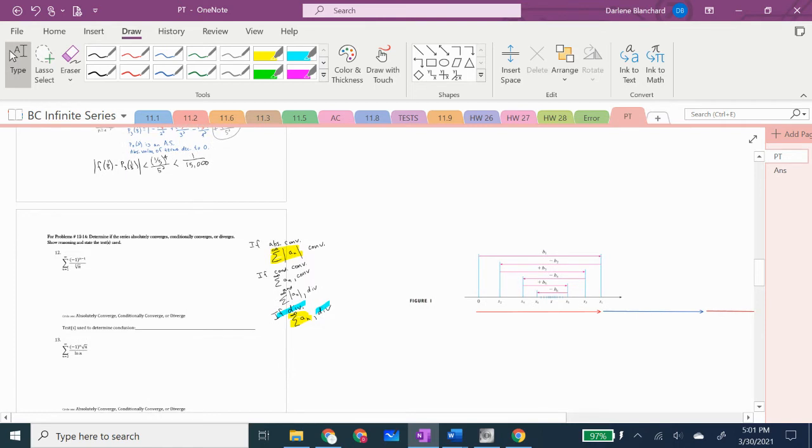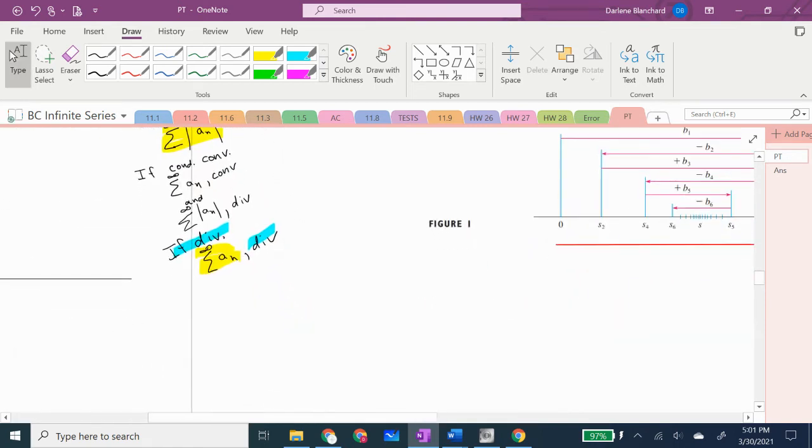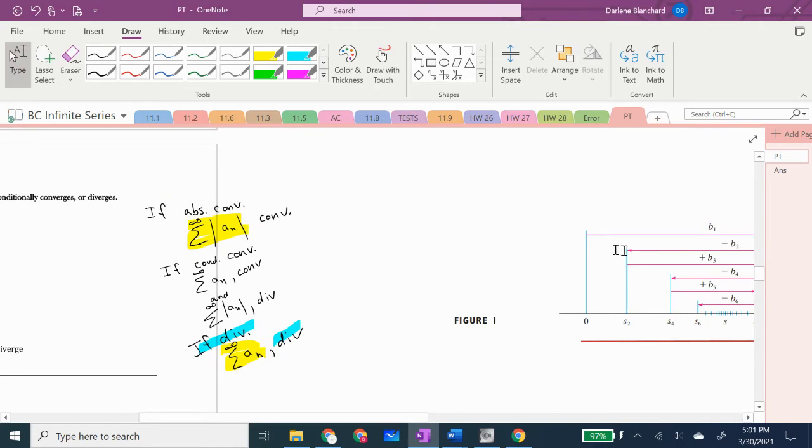So with that said, I want to go back to this picture again. If I absolute value the terms, that was taking all those ones going in the negative direction, flipping them around, and then just letting them add and go further to the right. If that is able to converge with those terms, then you say that your given series with a sub n absolutely converges.